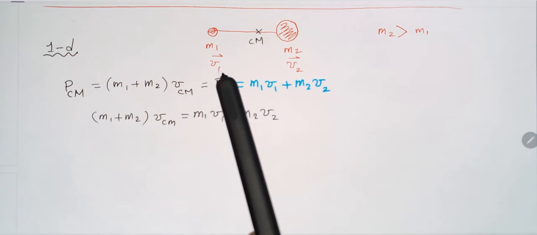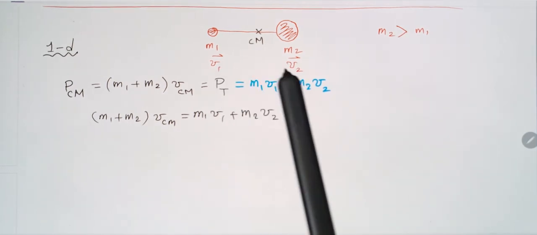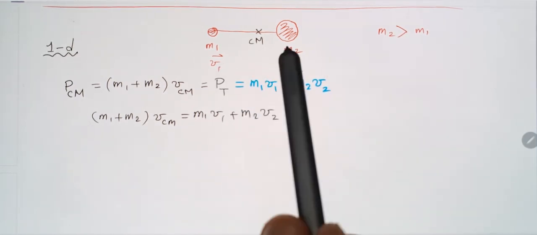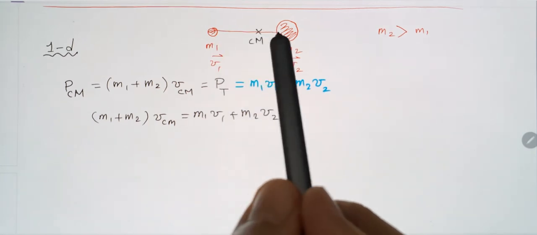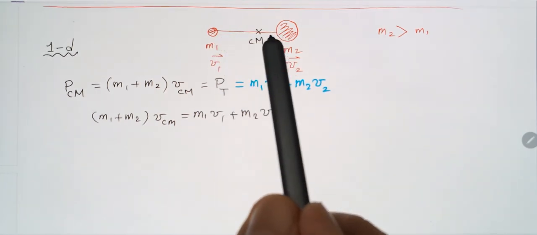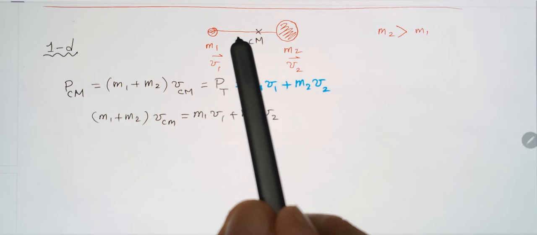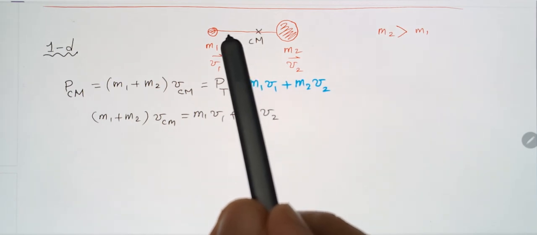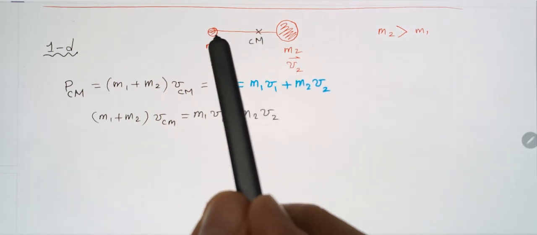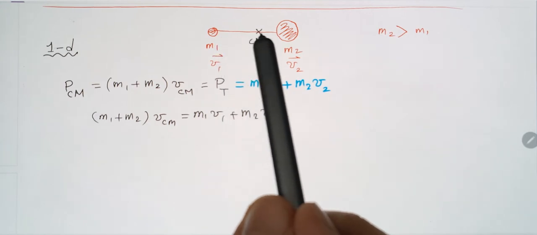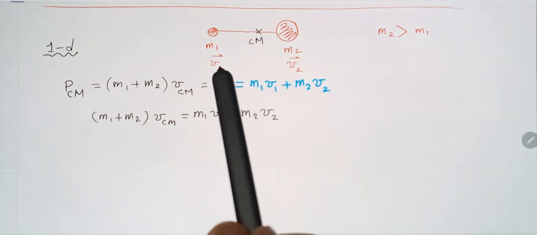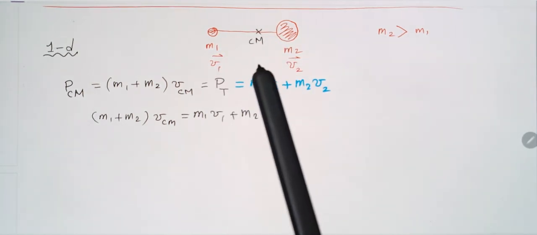Well, V1 and V2 can be different because we can assume that this rod is just a weightless spring. So V1 and V2 can be different.